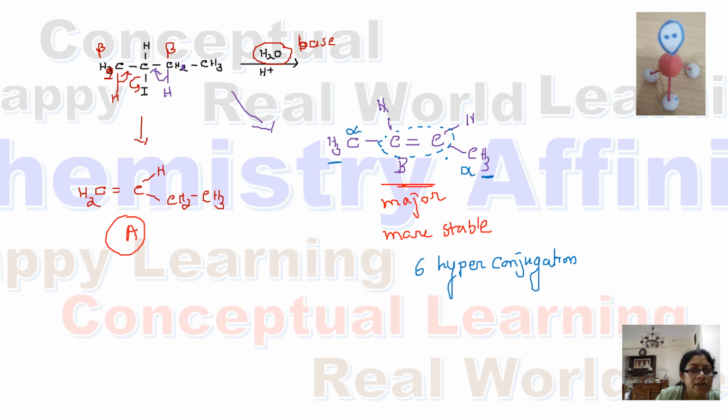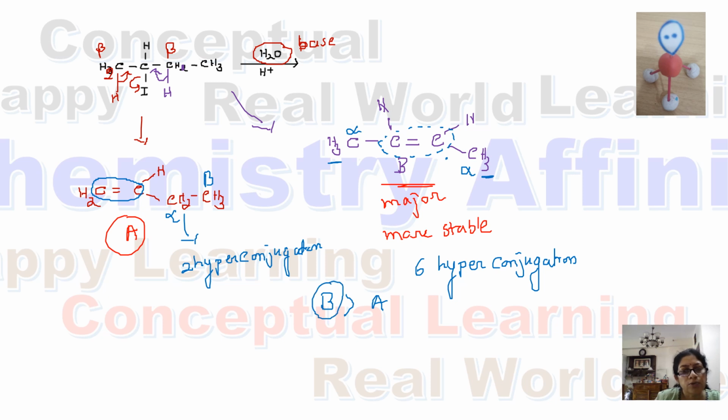Similarly, in compound A, this is your alkene part. Now you have only 1 alpha carbon, and 1 alpha carbon has 2 alpha hydrogens, so 2 hyperconjugation structures are possible. So compound B is more stable than A, so compound B will be the major product. And this follows the E2 mechanism because here we are getting a 2-degree carbocation.